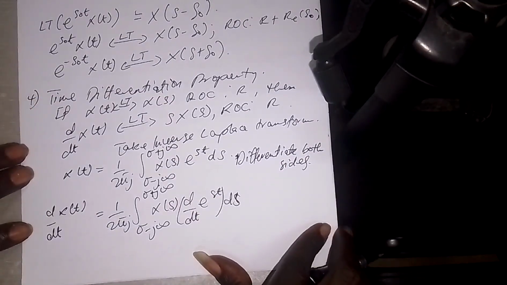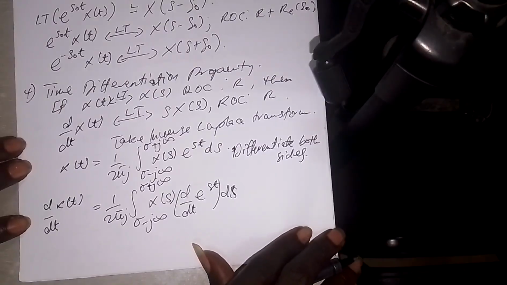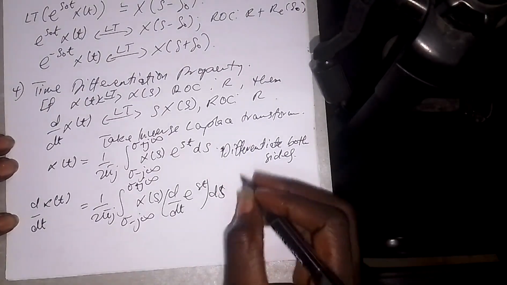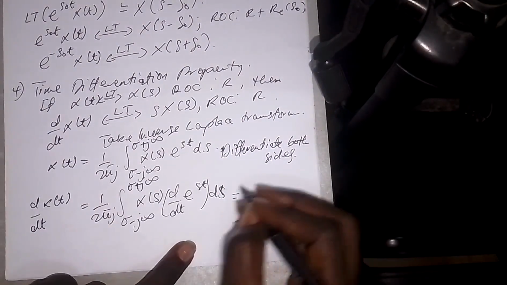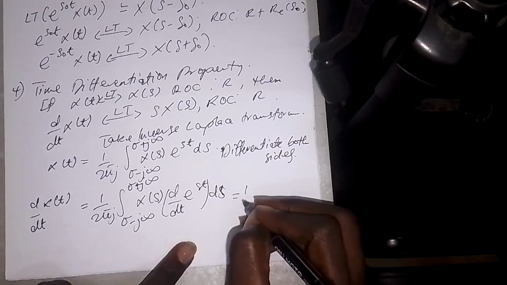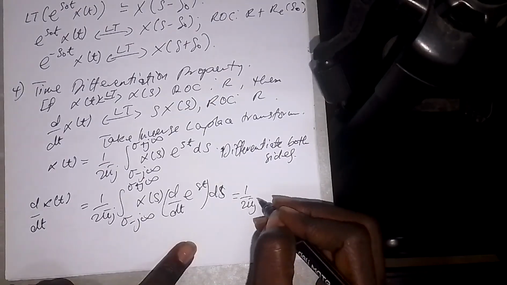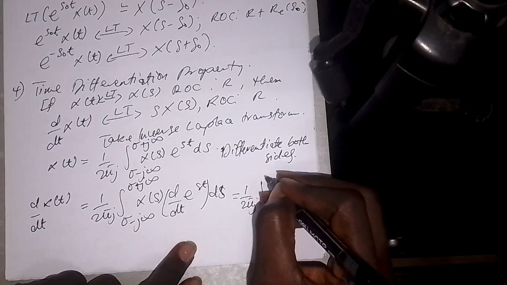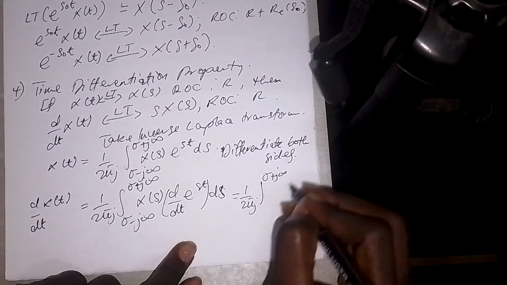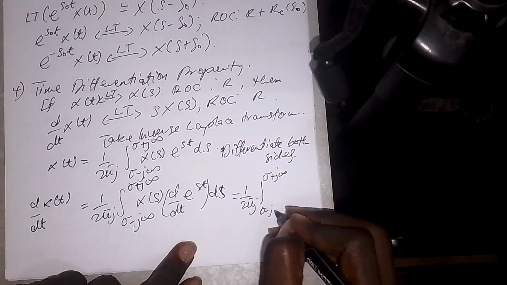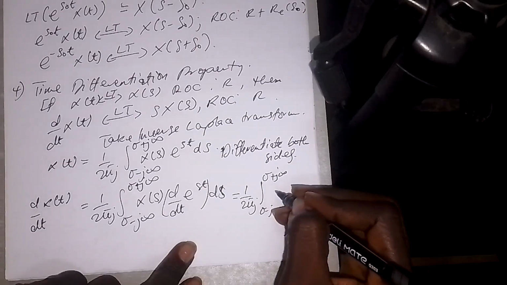If I do that, then I'm going to have 1 over 2 pi j into the integral from sigma minus j infinity to sigma plus j infinity.